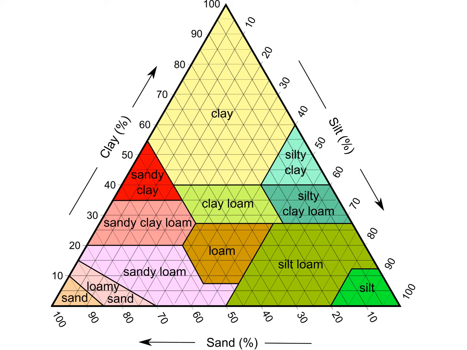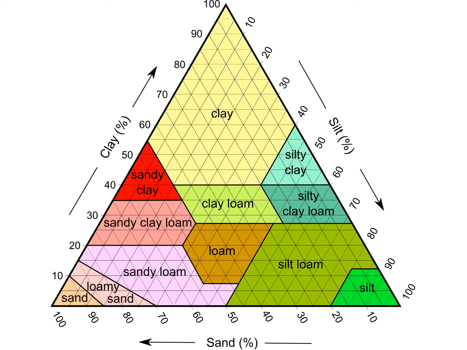In terms of soil texture, we talk about three particle sizes: sand, silt and clay. That's all mineral soils, nearly all soils, are made up of. This diagram is quite tricky to get your head round. At the very top, we've got 100% clay.